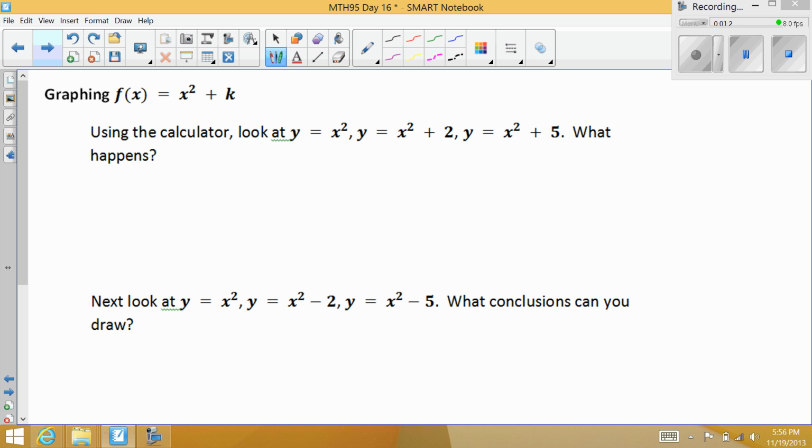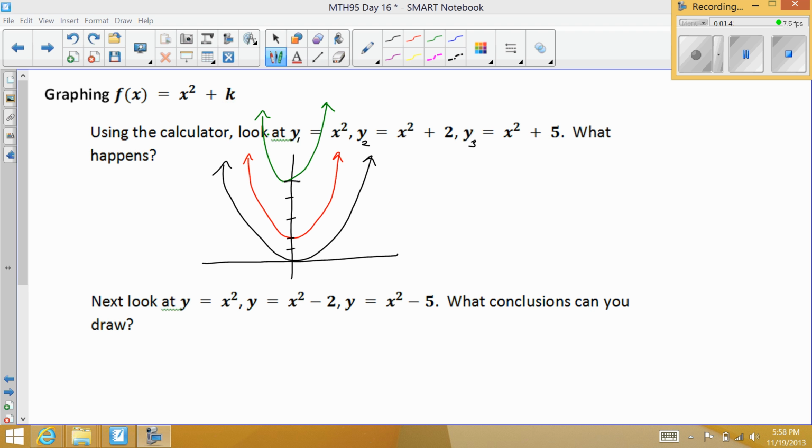If we're graphing on a calculator, what I'd like you to do is grab your graphing calculator and put these three functions in. It's y1, y2, and y3. So y1 equals x squared, y2 equals x squared plus 2, and y3 equals x squared plus 5. Go ahead and graph those three.